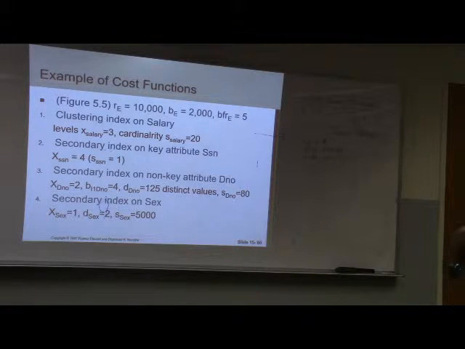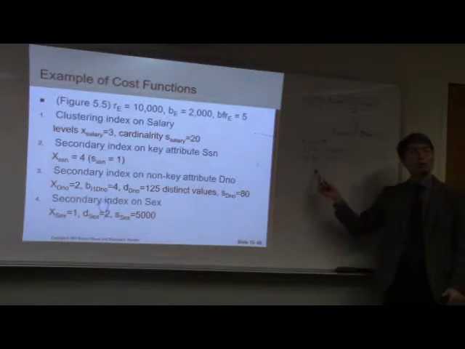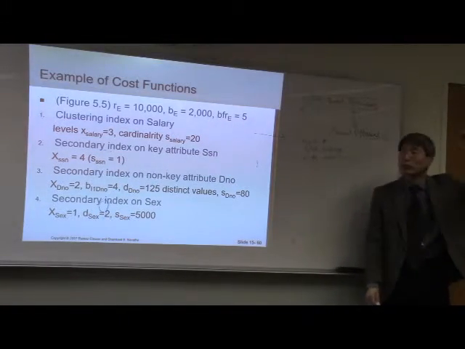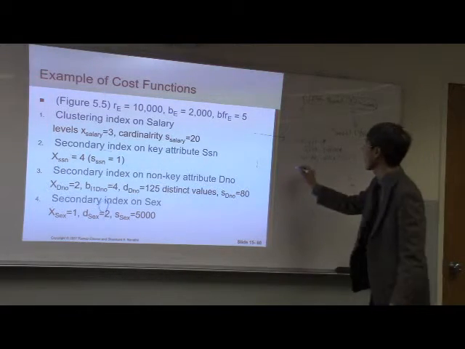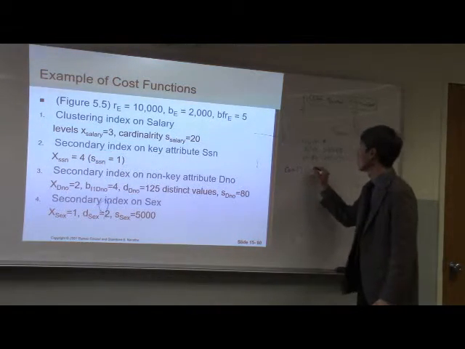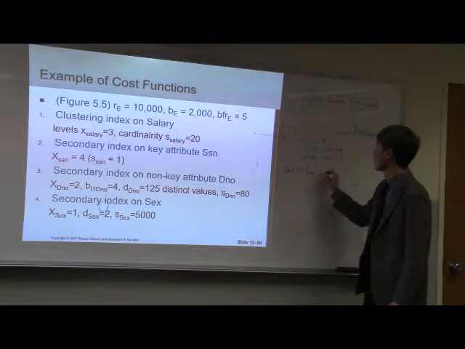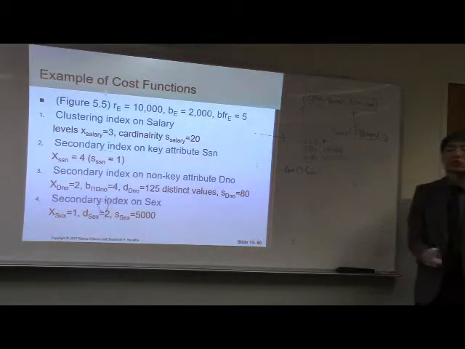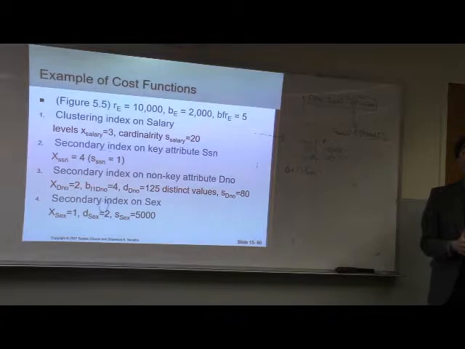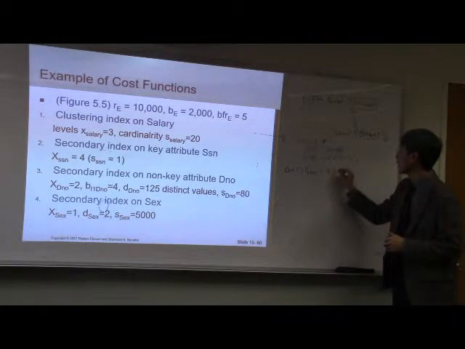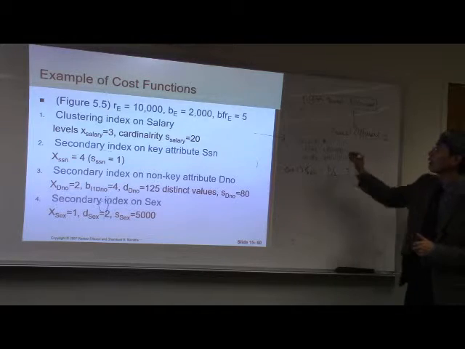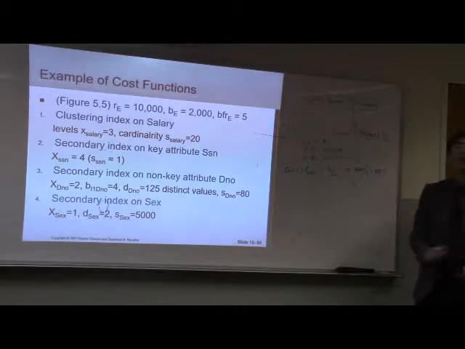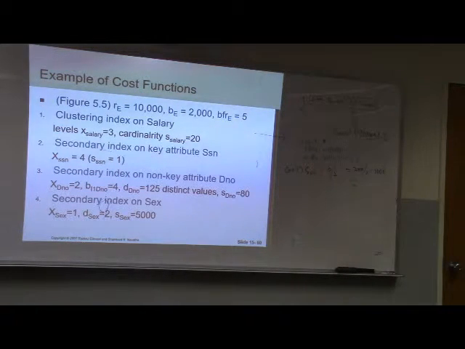How many different ways can we access the employee using this condition? We can do the brute force way. What is the cost to access employee data using brute force, linear search? It's B over 2, right? What is B? It's 2,000. It will cost 1,000 I/Os.